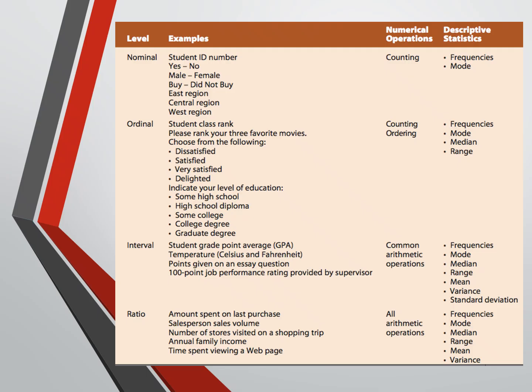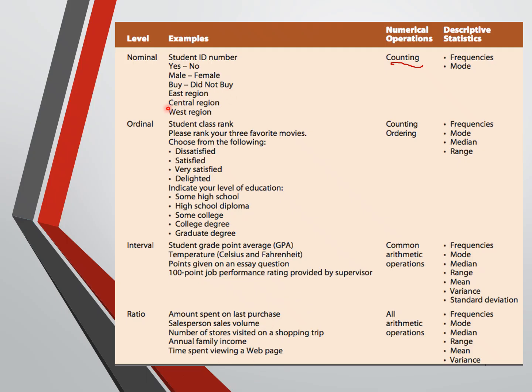The nominal scale is like student ID number, yes or no, male or female, whether you buy or don't buy. The numerical operation is counting only, and that counting is applicable to frequency and mode. That gives you one of the very important parameters to understand how you can work on this.